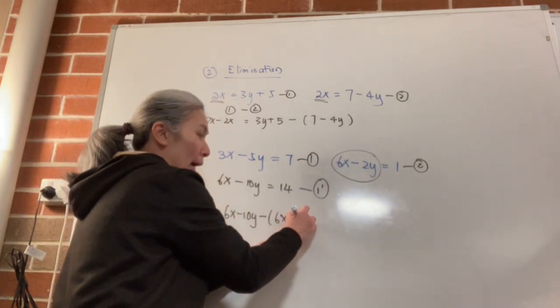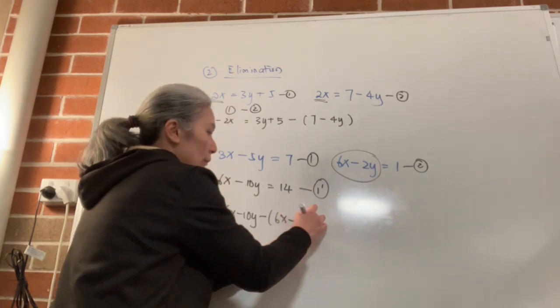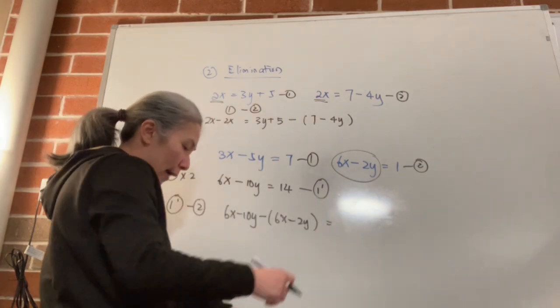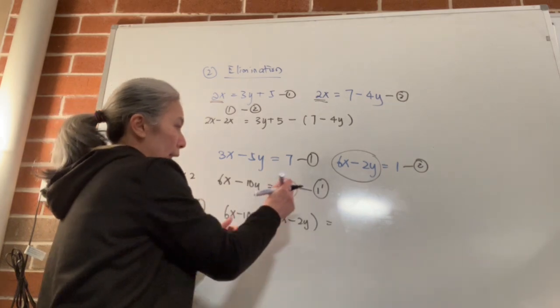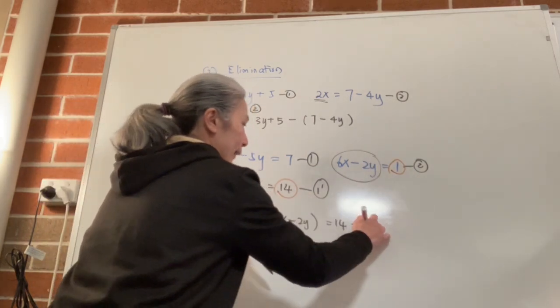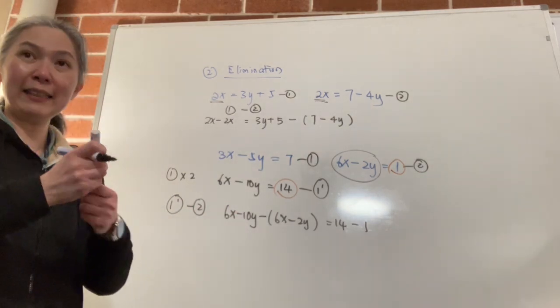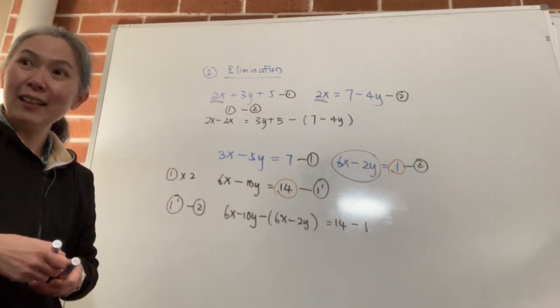Remember, I said always put in the bracket, equal to the right hand side, which is 14 minus 1. Then you should be able to solve the rest of it. Let's just solve it. Okay, all clear?